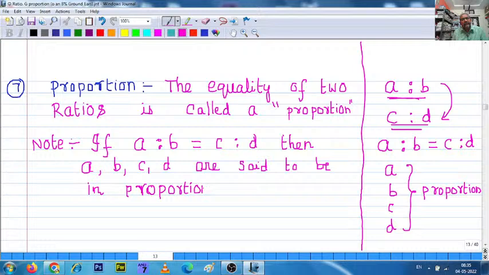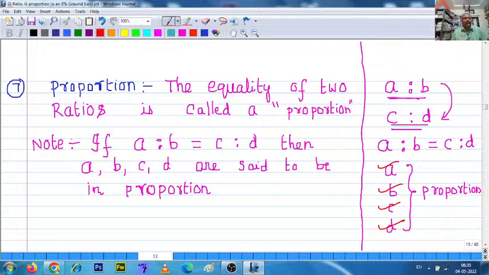Now in this proportion, how many terms are there? We have the first term, second term, third term, fourth term. But as far as proportion is concerned, A is called the first proportional, B is called the second proportional, C is called the third proportional, D is called the fourth proportional.